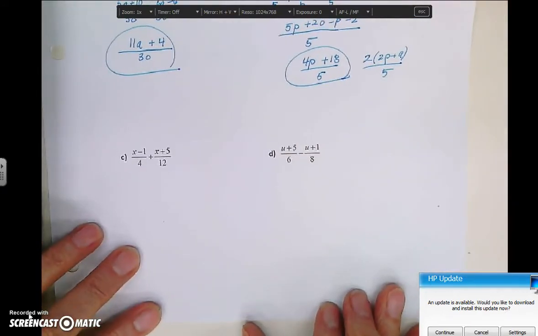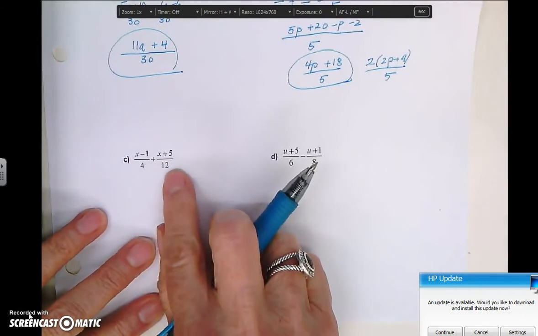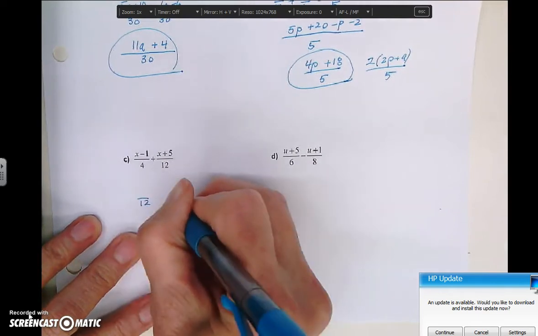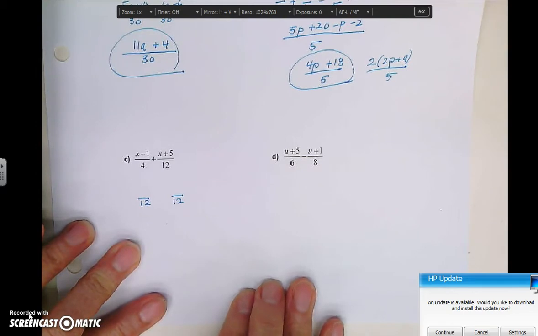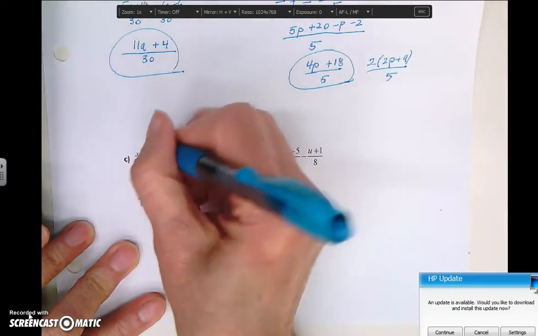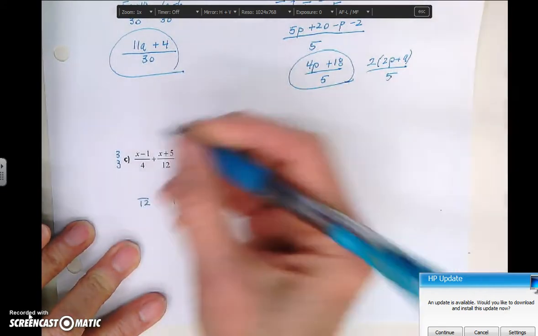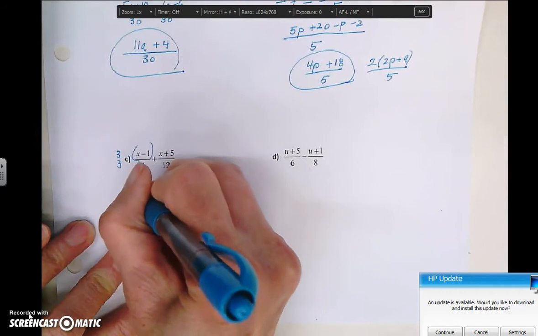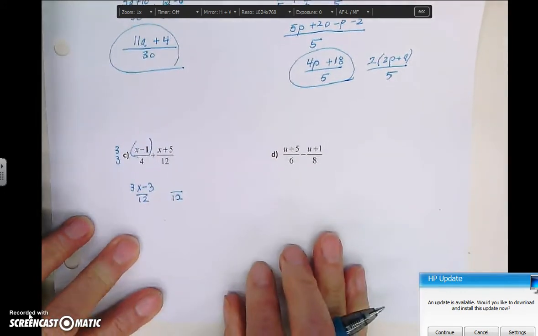For C, I have 4 and 12, so my common denominator, the number they both will go into evenly, the smallest one would be 12. So I'm going to have a common denominator of 12. So for my first fraction, I'm going to multiply by 3 over 3, and I'm going to distribute through my numerator, and that's going to give me 3x minus 3, and then of course 3 times 4 is 12.